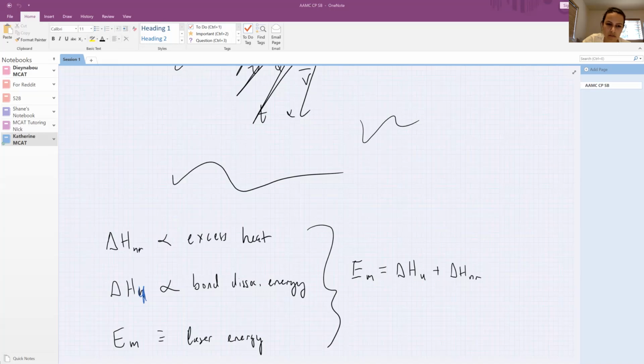What did you say before about the energy meter? That it would reach 0 if there was no excess heat. There you go. Because look, they're asking about the energy meter. But you said it was not delta HNR. But you literally just said the answer.